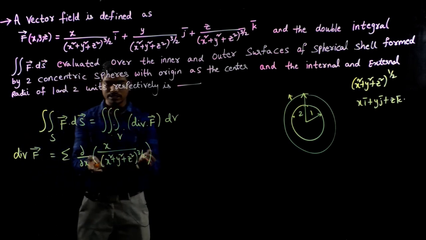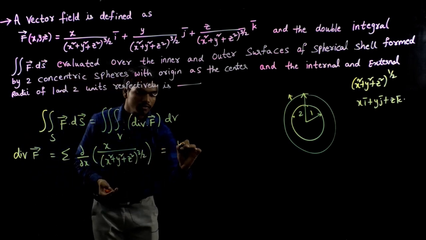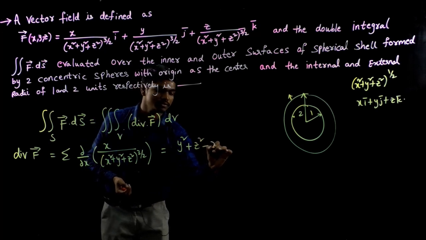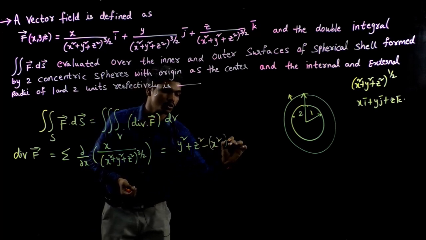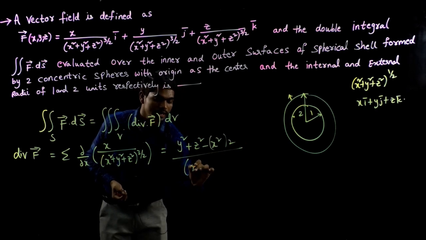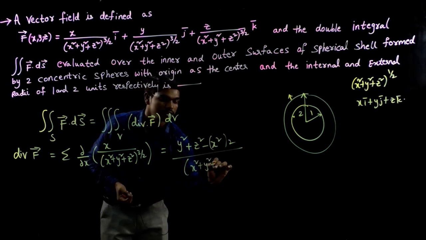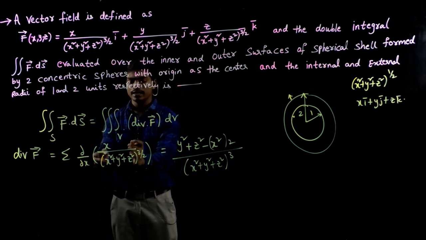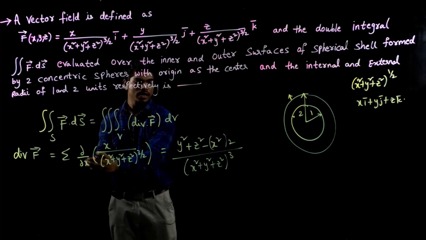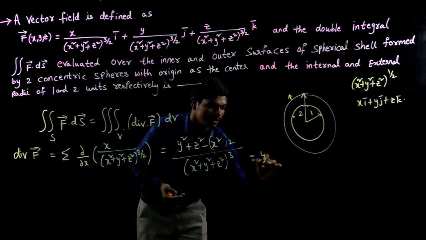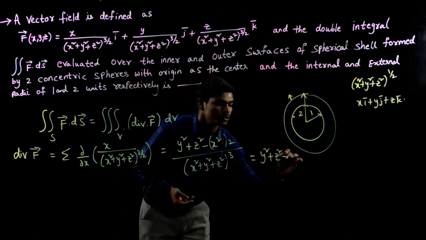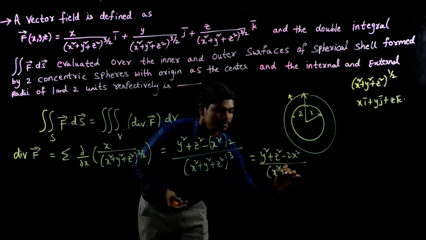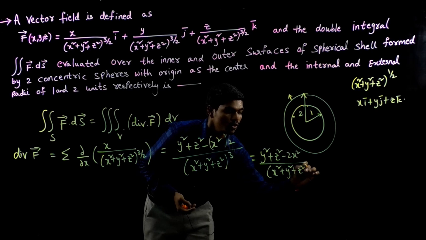And now if you differentiate this partially with respect to x, you will be getting y square plus z square minus x square into 2 divided by x square plus y square plus z square whole cube. So if I write this once again, y square plus z square minus 2x square divided by x square plus y square plus z square whole cube.